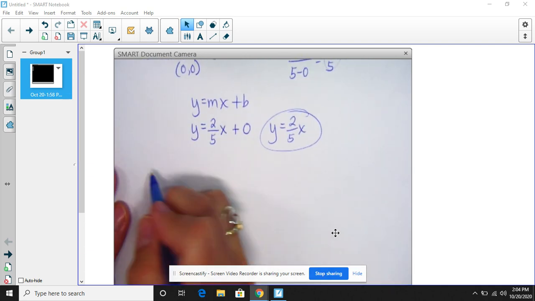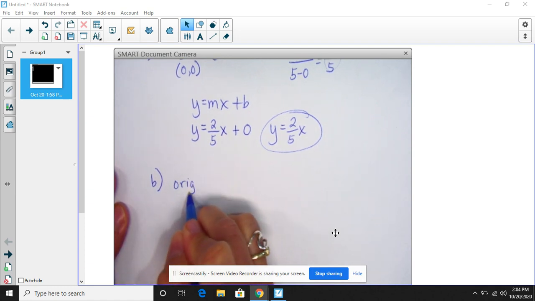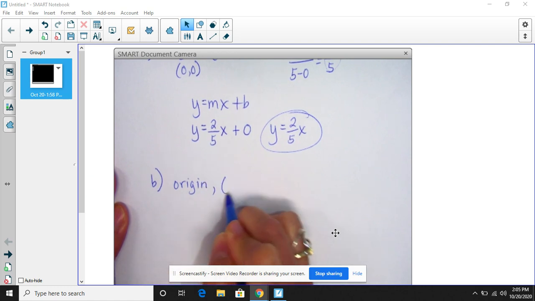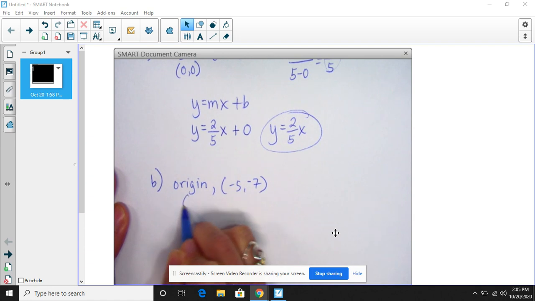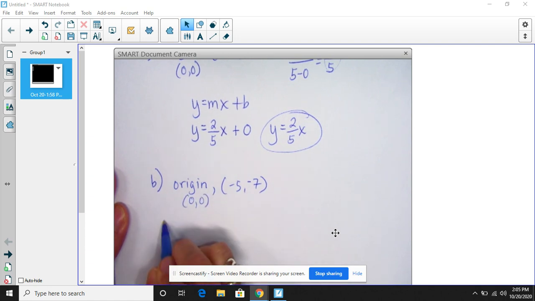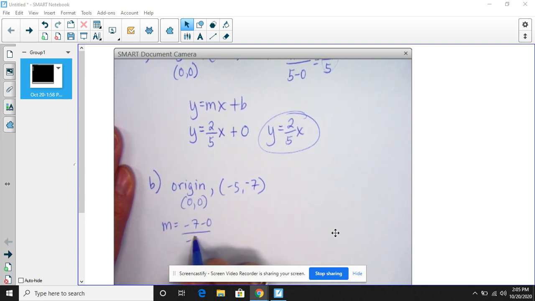I'm going to do one more like this. Another one we did was a line that goes through the origin and goes through -5, -7. So again, the origin is 0, 0, so we find the slope. -7 minus 0 over -5 minus 0 gives us -7 over -5.